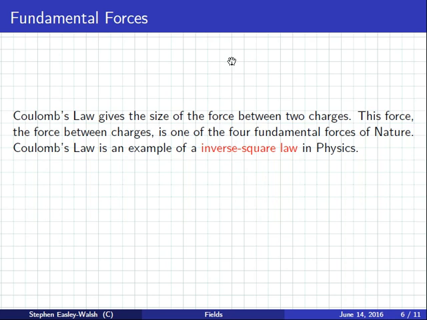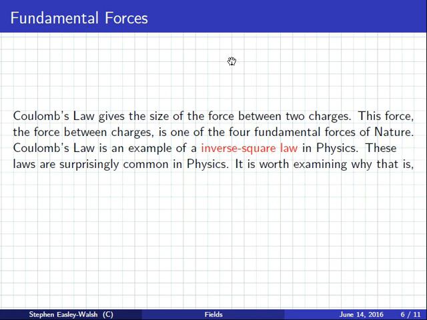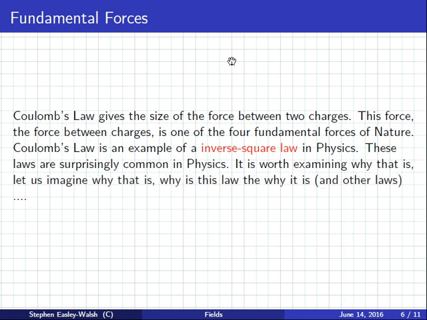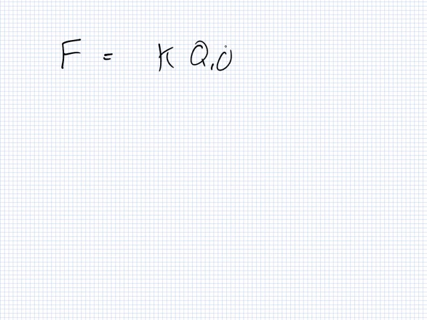Interestingly, Coulomb's law is an example of an inverse square law in physics. These are surprisingly common, and it's worth looking at what the reason might be. By inverse square law, I mean it's a law that has a square in the bottom: F equals K Q1 Q2 over R squared.